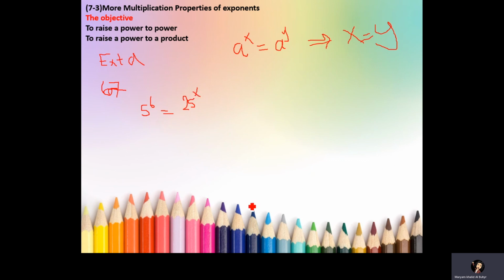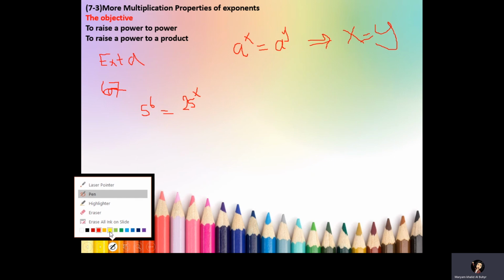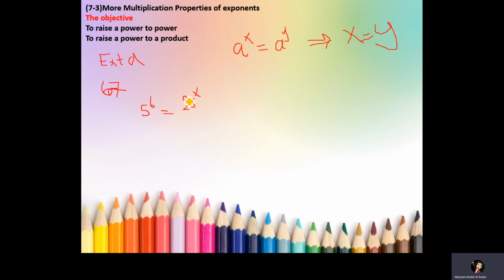Basically, the idea is you are trying to make this 25 into 5. Because if this is 5, it's going to be like this rule. I will have the same base, so the powers will be equal. So let's try to do that.